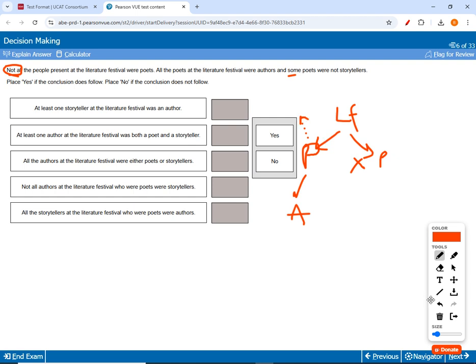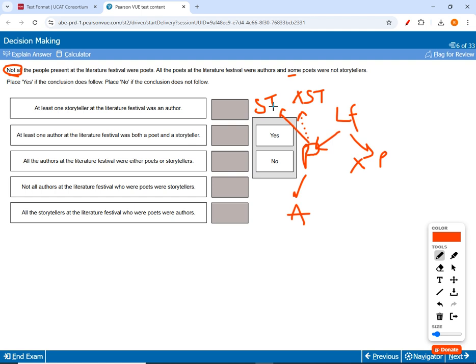I'll repeat. Anytime you hear the word some, I'm not going to use a solid line. Some means dotted line. Some poets were not storytellers. If some were not storytellers, that means most were storytellers. Is that correct? So, quick recap. What are we doing? Syllogisms, of course.